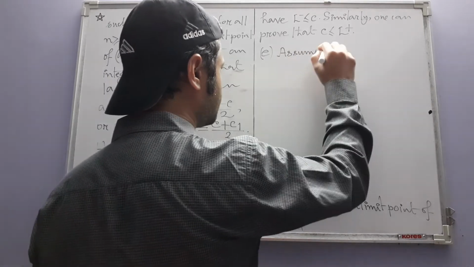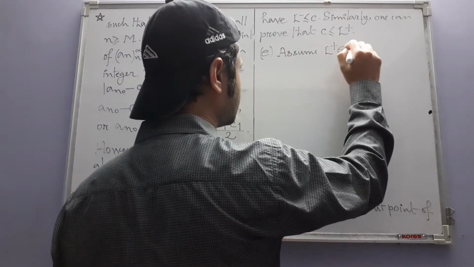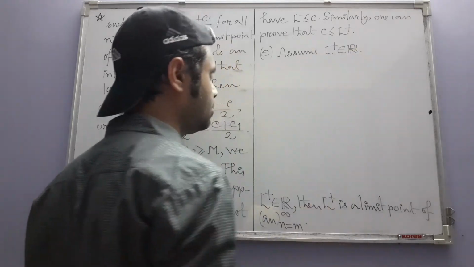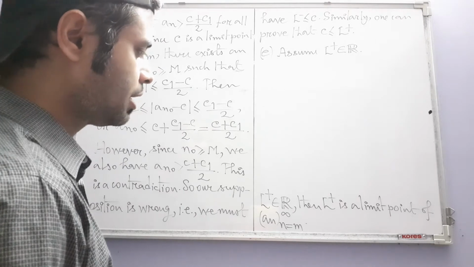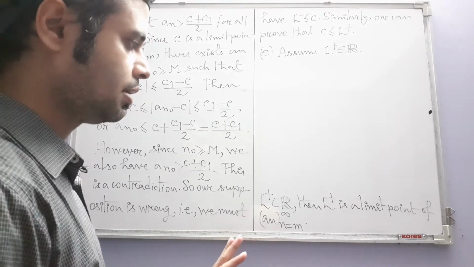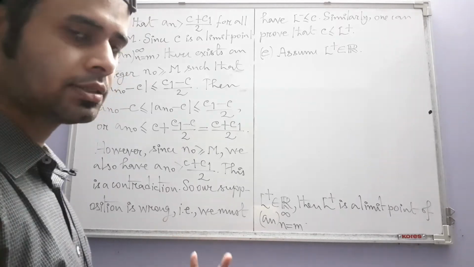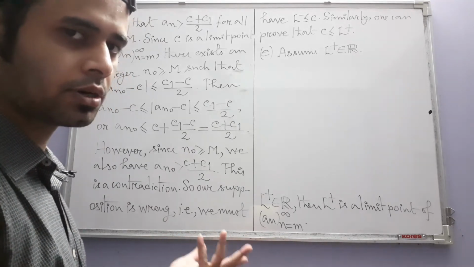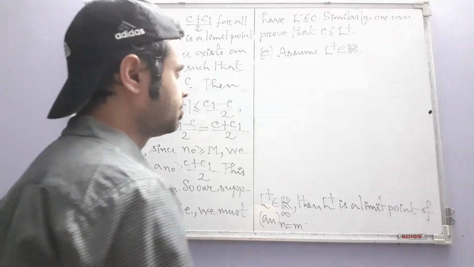So we start by assuming that the upper limit belongs to the set of real numbers. Now we want to prove that L plus is a limit point. So we choose the things that we need to show that a given real number is a limit point of a sequence.